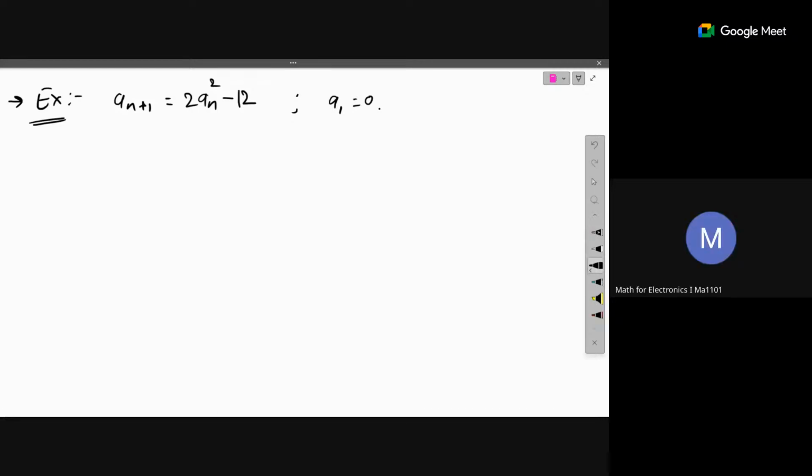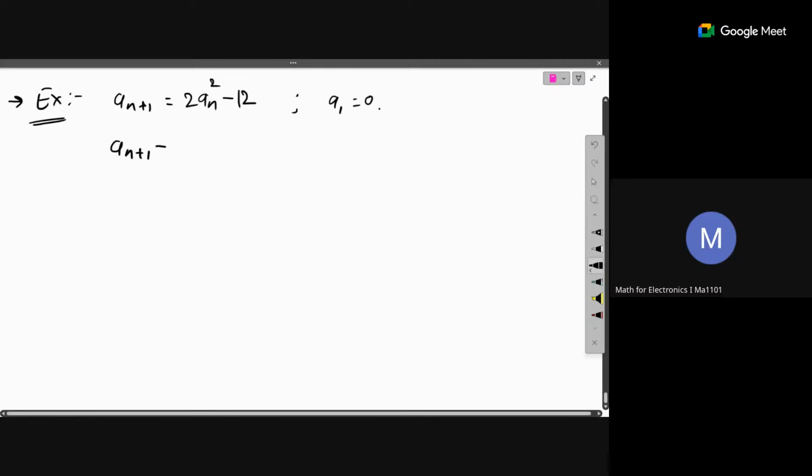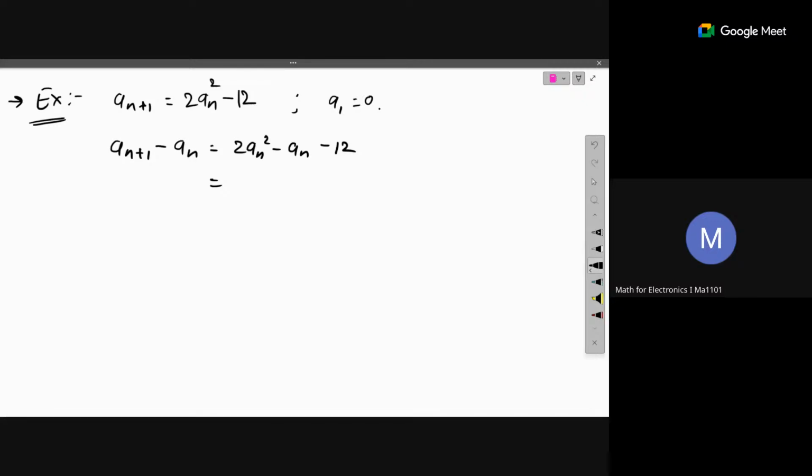It's an increasing sequence. In such a kind of sequence, what you can do is try to figure out the sign of an plus 1 minus an. Here, an plus 1 minus an is the same as an square minus an minus 12. This is a quadratic equation, and finding the roots is a little difficult in this case, so let's take the coefficient to be 1 only.